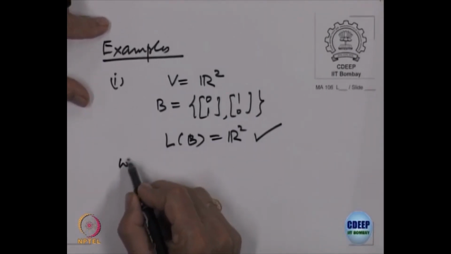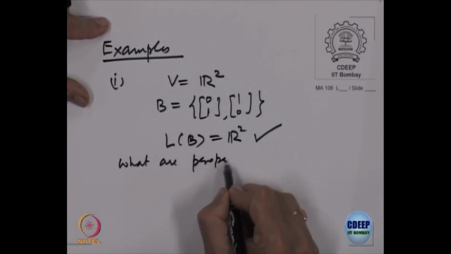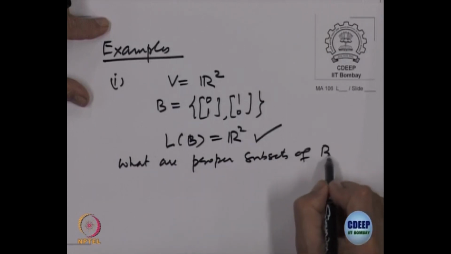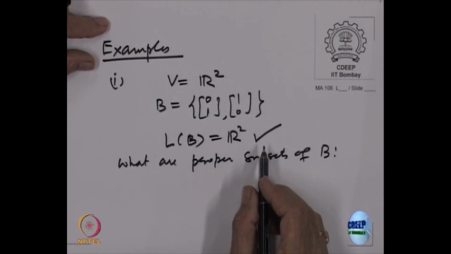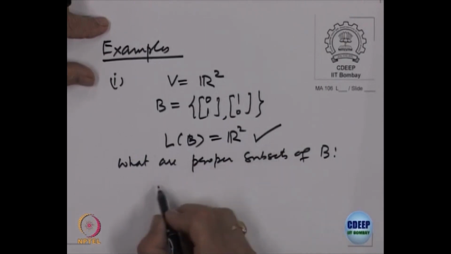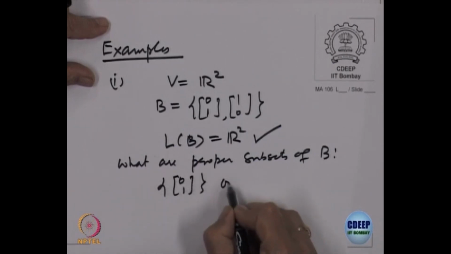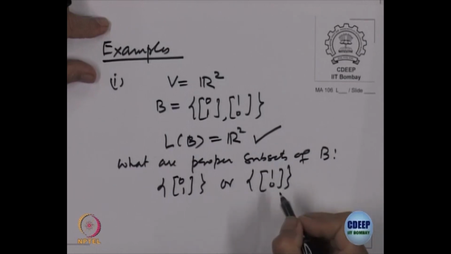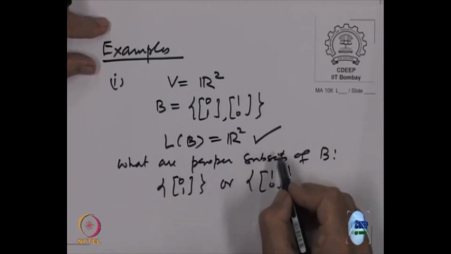So, what are the proper subsets of B? It has two elements, right. If you want a proper subset, there are two possibilities. You take 0 1 or 1 0, and if you want proper subsets, let us say non empty also.